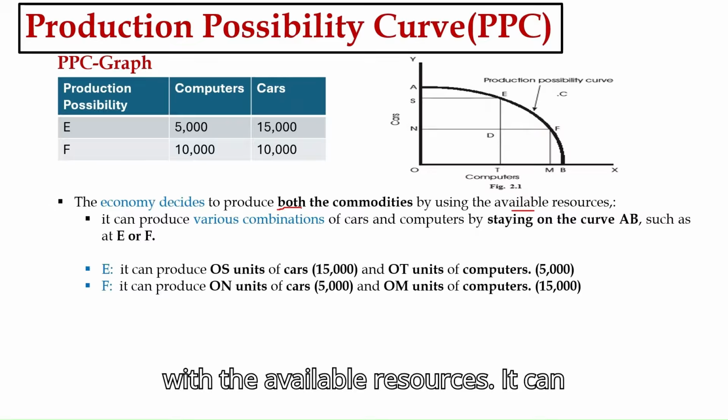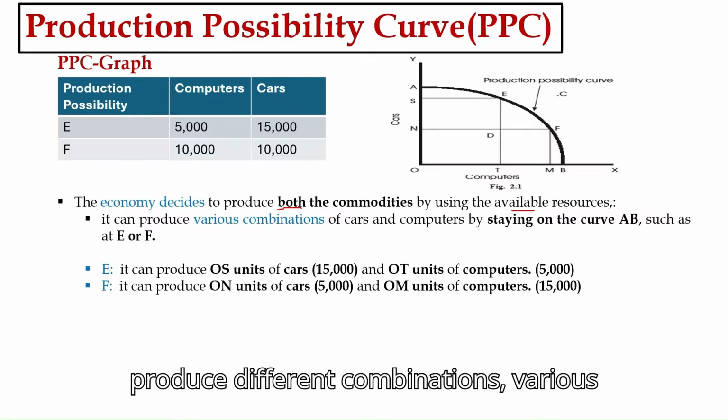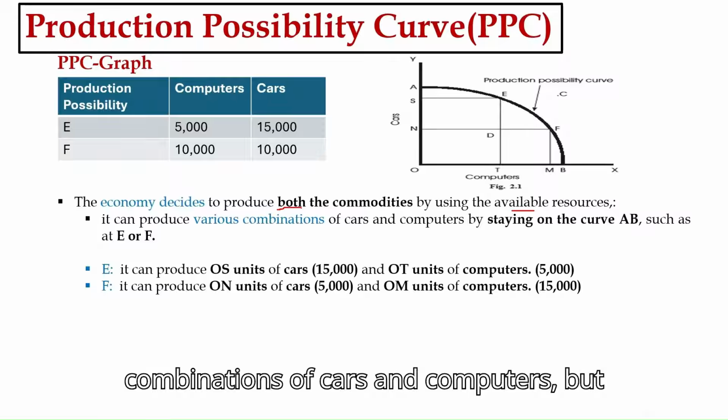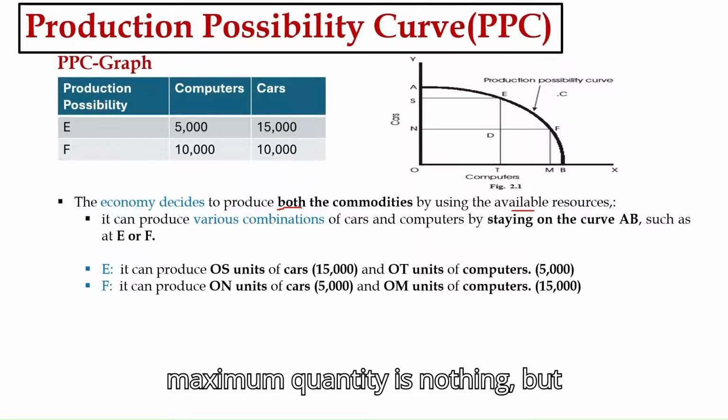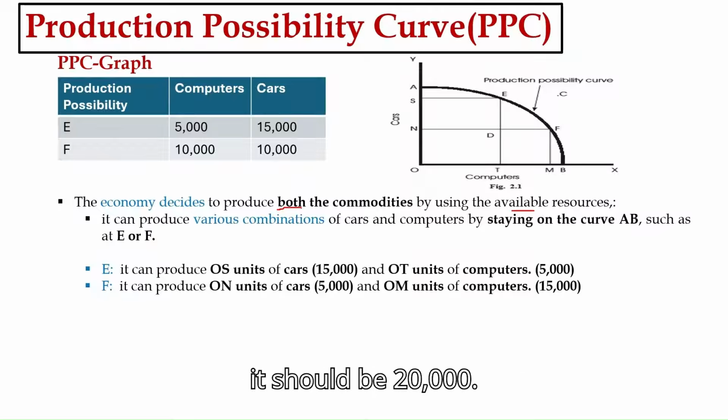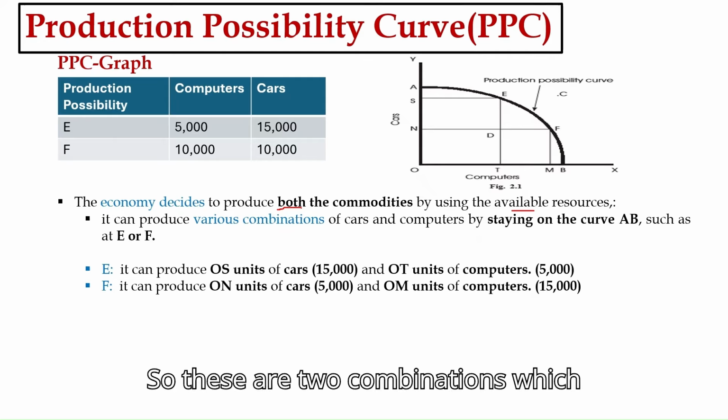It can produce various combinations of cars and computers, but they have to stay on the curve AB, which means the maximum quantity should be 20,000. So these are two combinations which we have already studied.